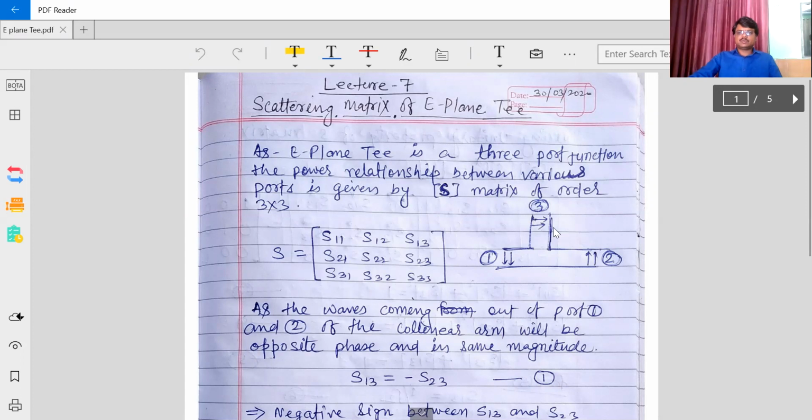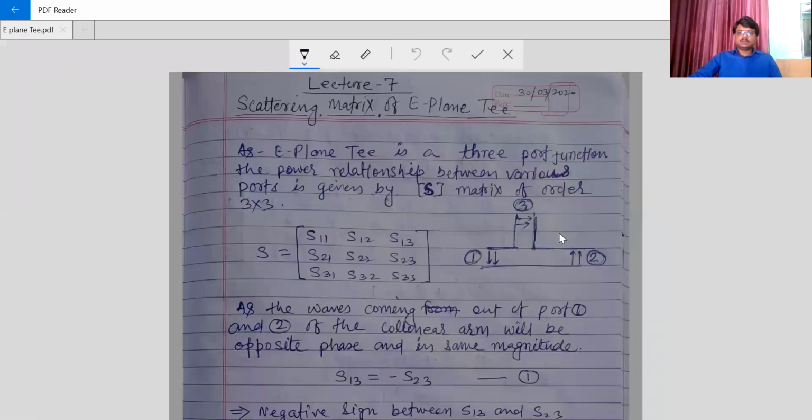So this is known as the E-plane T. This is the direction of the electric field, or this is the direction of the electric field. So in this direction, this is the third terminal. So it is an E-plane. Okay.